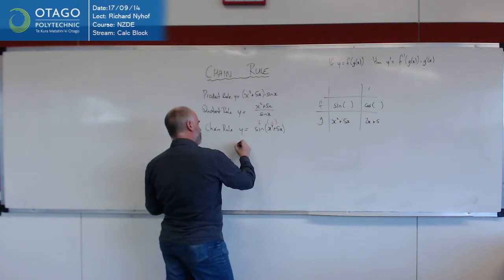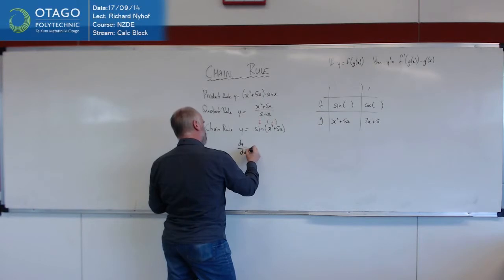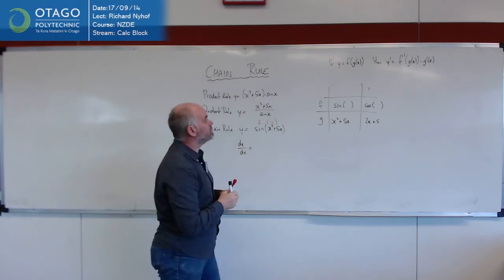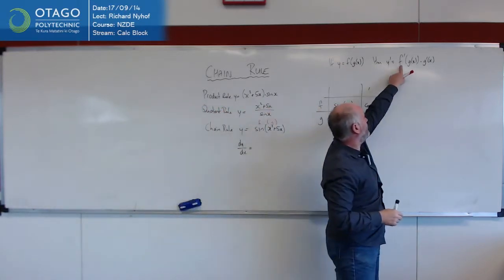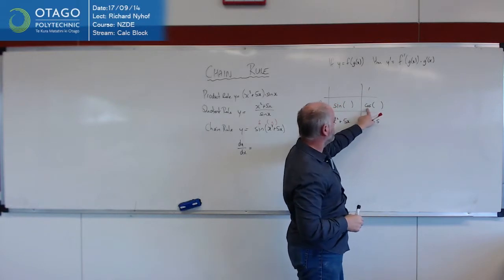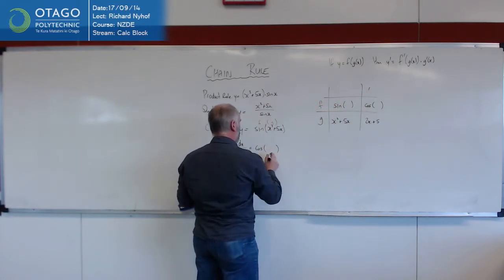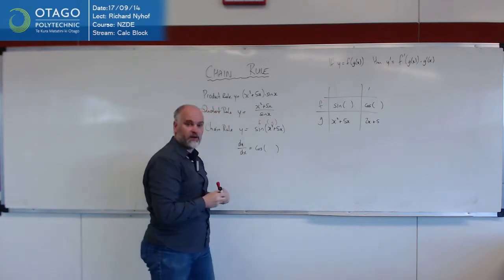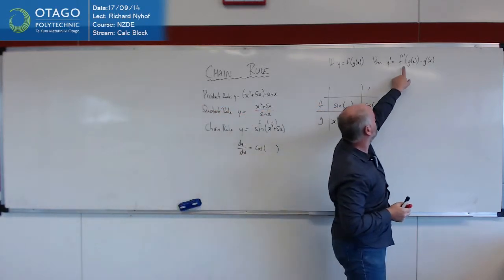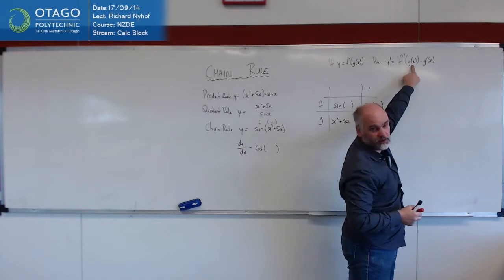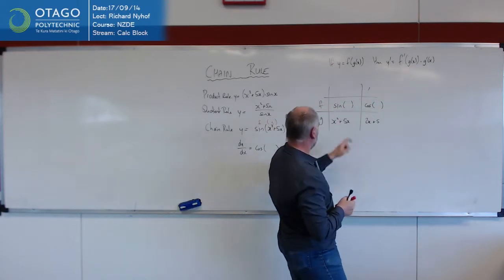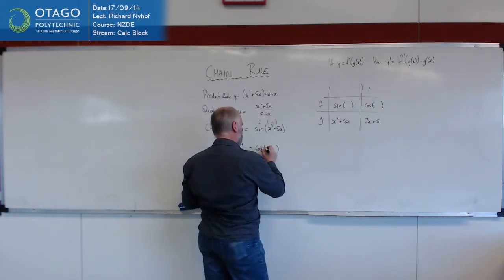Our rule says we want f dash. Well, f dash is cos bracket. And what goes inside the bracket? The formula tells us it's g, which is x squared plus 5x.